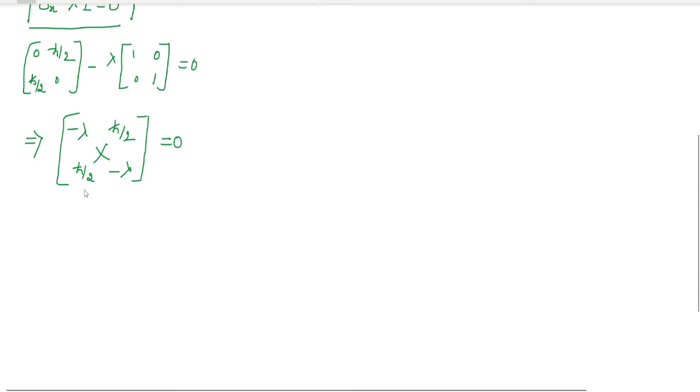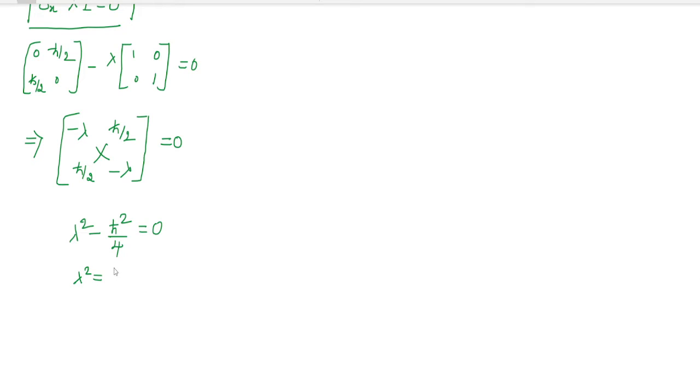Then multiply these two things: lambda square minus h cross square divided by 4 equal to 0. Then lambda square equal to h cross square divided by 4. Therefore, lambda equal to plus or minus h cross divided by 2.